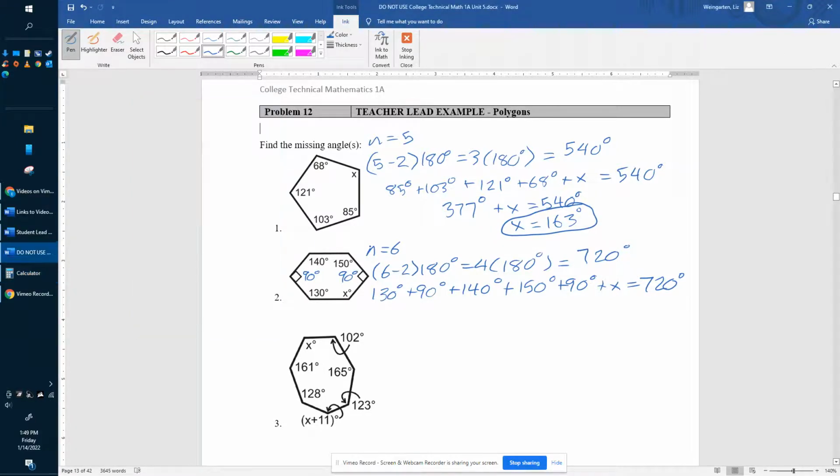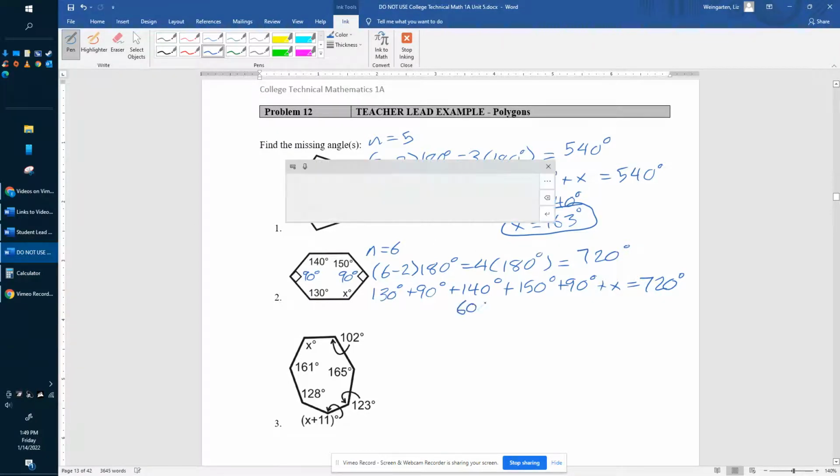And we get 600. Then subtract 600 from both sides and we get x equal to 120 degrees.